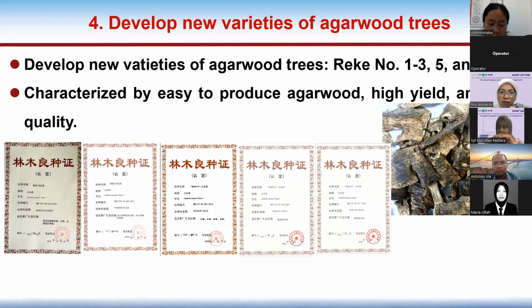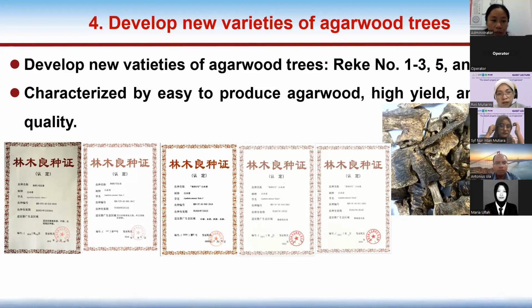So according to the genome sequence of Aquilaria sinensis and also the chemical composition difference between the normal agarwood and the Qinan, until now we have developed 6 different varieties, and not only can all of them produce Qinan agarwood, but they also reduce the time to produce.